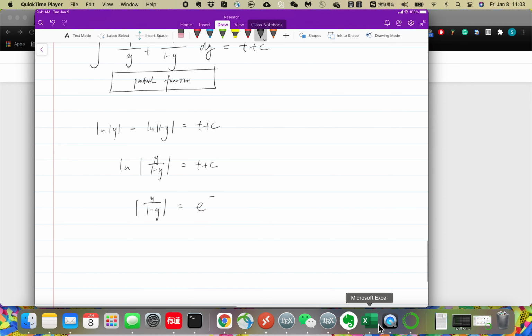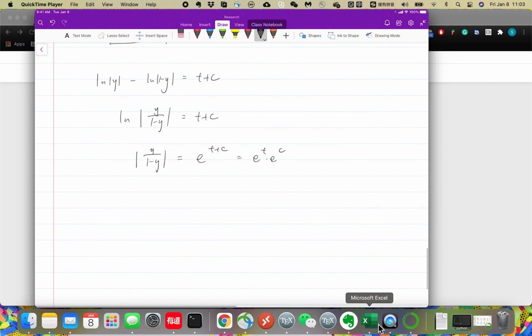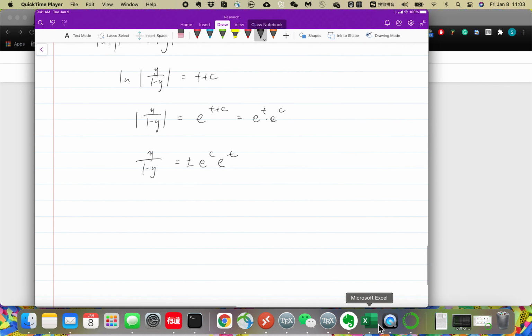e to the t plus c, which is e to the t times e to the c. Then again, we can change this to c and remove the absolute value because you're going to have plus minus. Then this whole thing becomes a c, any number.